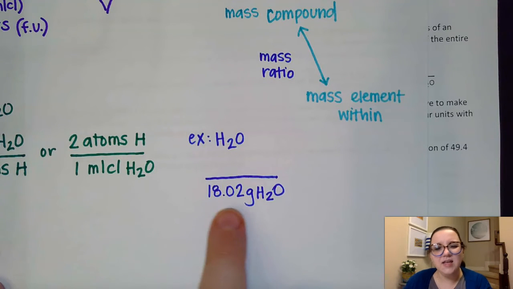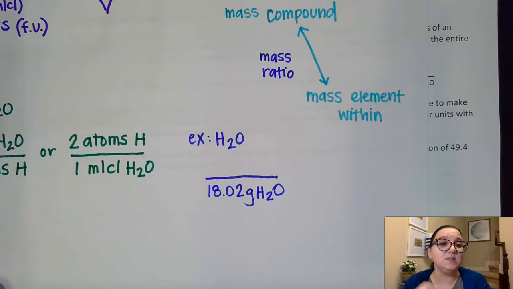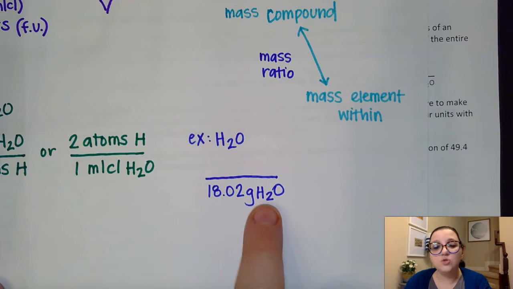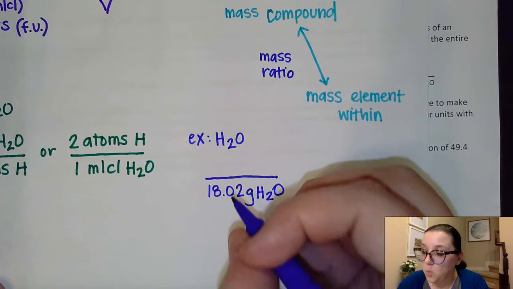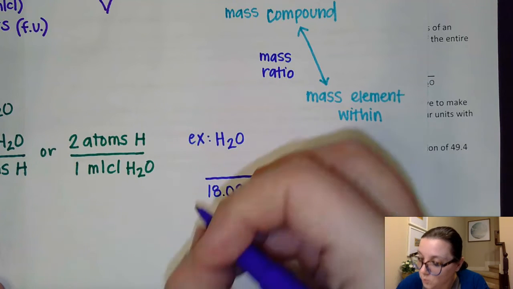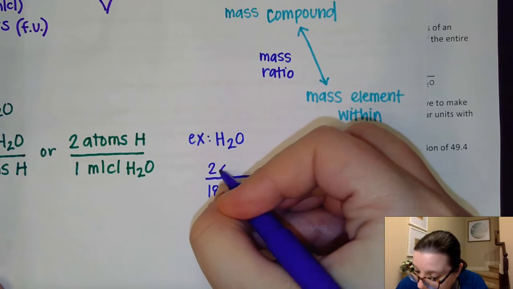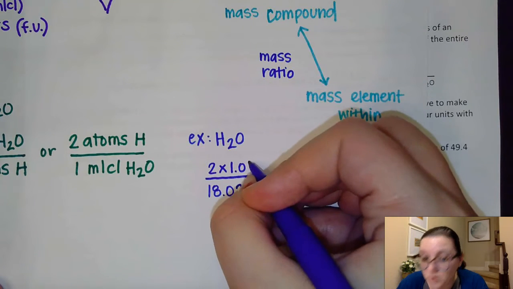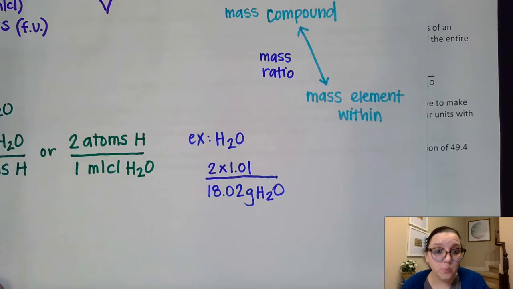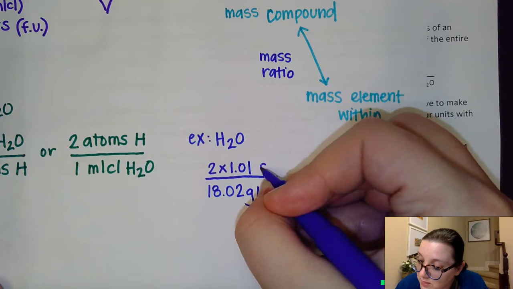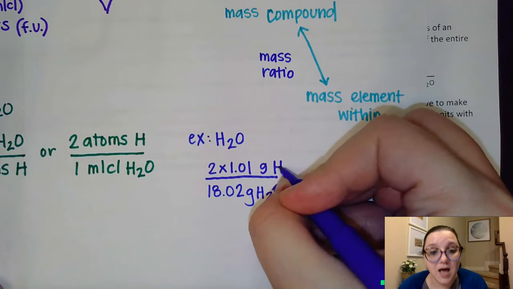Out of that 18.02 grams, think about how many grams came specifically from hydrogen. There are 2 hydrogens inside of there, so instead of just putting 1.01 up here, we're going to put 2 times that 1.01, or you could just write 2.02. And that would be the grams of the hydrogen inside.